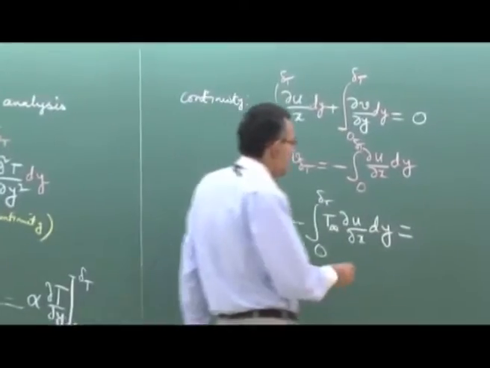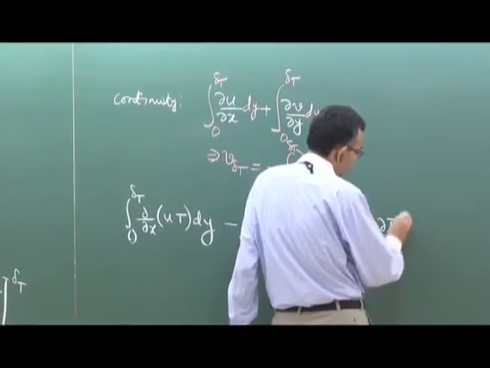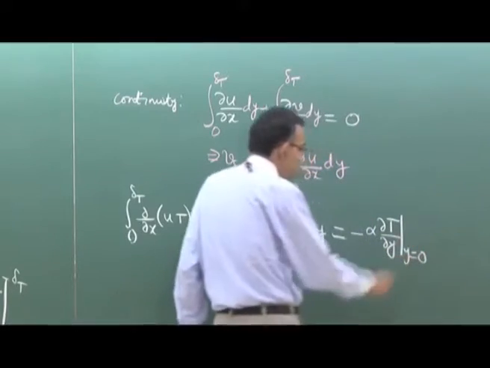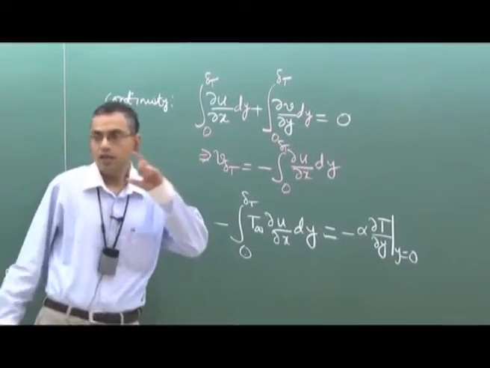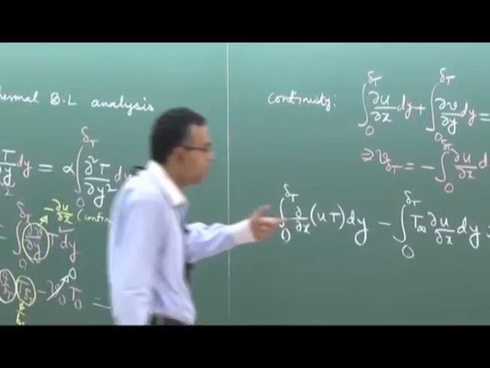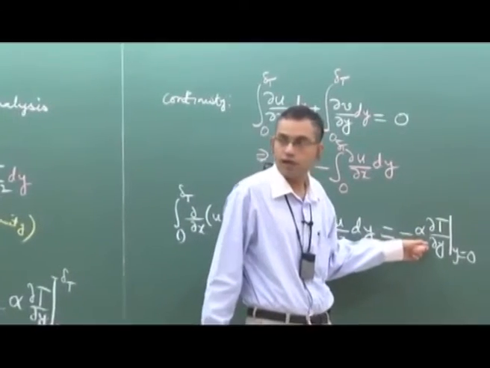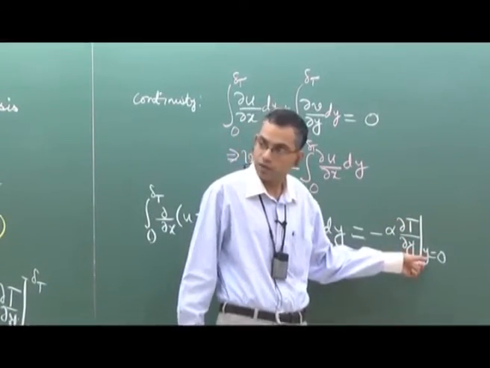So, this becomes minus the wall term. Just like the momentum integral equation gives the wall shear stress directly, this equation gives the wall heat flux, because minus k del T del y at y equal to 0 is the heat flux at the wall.